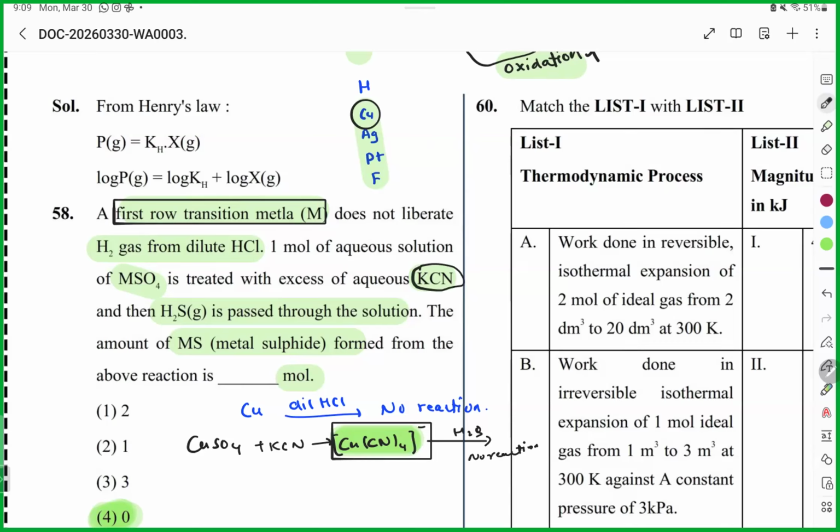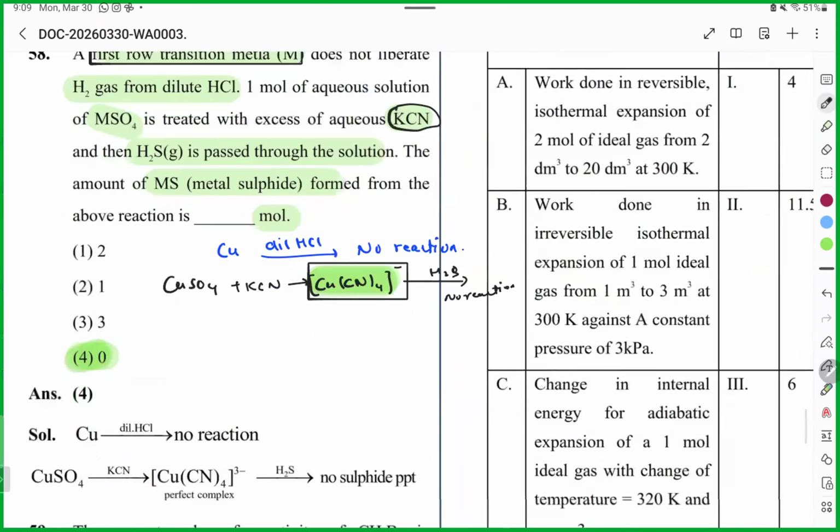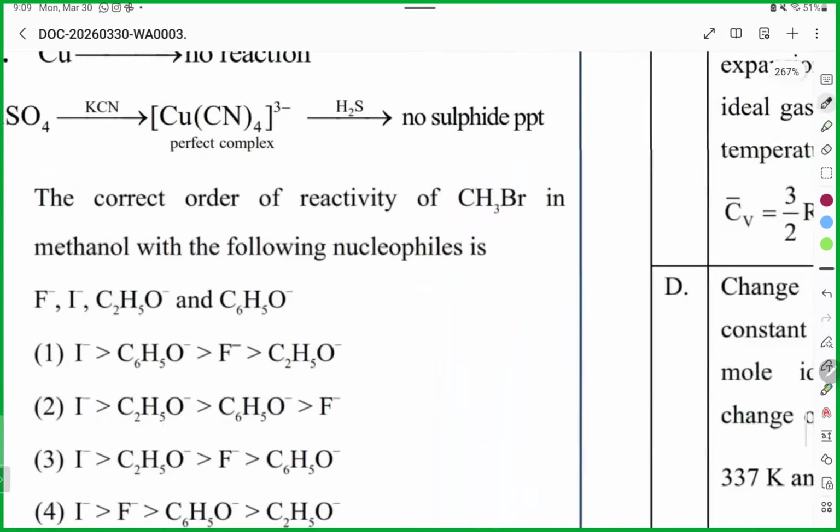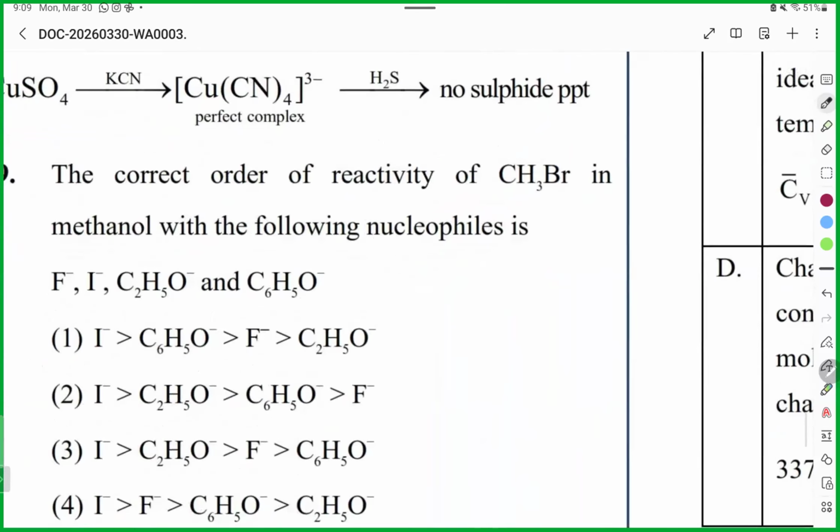So if it is not free, there is no reaction, no mole formation. Make sense? Any doubt? Anybody? From this question, the only concept was to remember the electrochemical series elements.